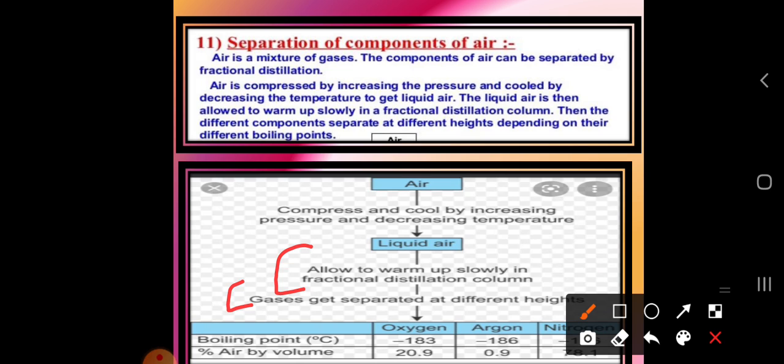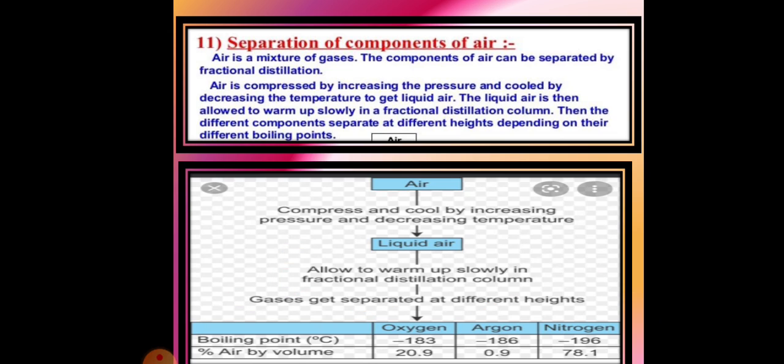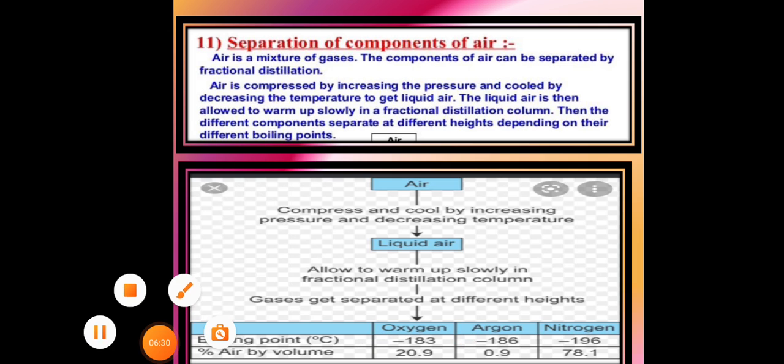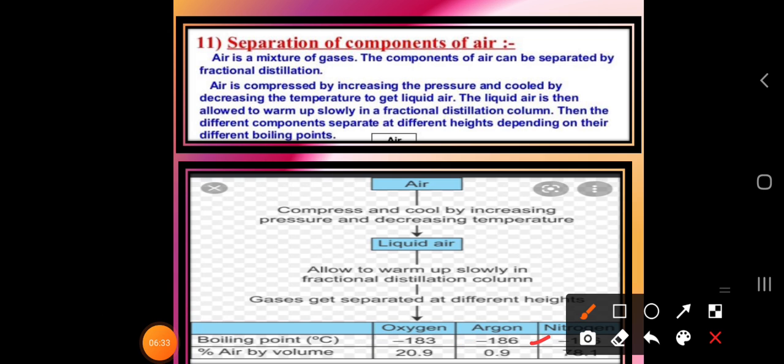Different elements have different boiling points: oxygen is -183, argon is -186 and nitrogen is -196. The percentage of air by volume is 20.9 for oxygen, 0.9 for argon and 78.1 for nitrogen. As you know, nitrogen is one of the major components of air, as it is present at around 78.1% in the air.